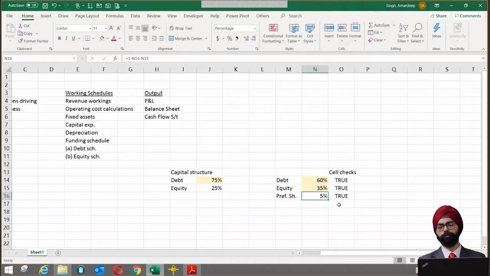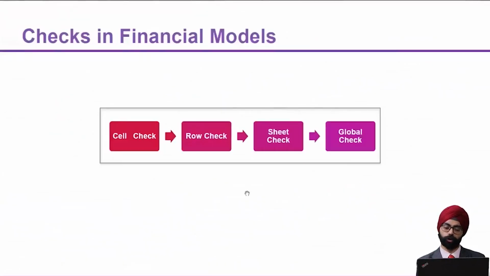But there can be so many individual cell checks in a financial model. And as I told you, depending on the complexity of a financial model, you could have multiple sheets. You could have 20, 25, 30 worksheets in a financial model. So these individual cell checks are good and they have to be included. But at the same time, we need some sort of a summary also. That summary is basically the next level of check, which is called a row check.